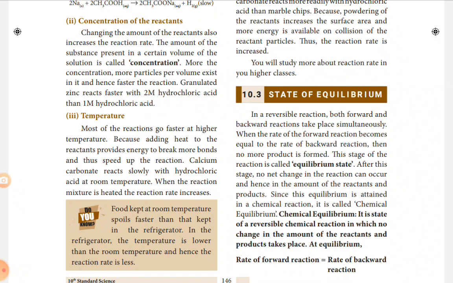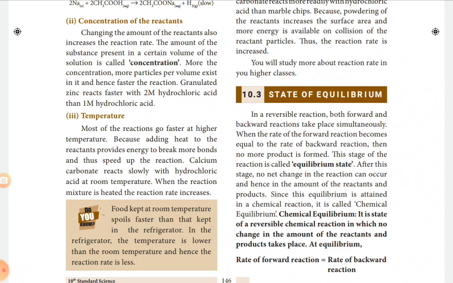More concentration means more particles in the given amount of solution. More concentration means more particles, more ions, in the given volume of solution. More ions means the rate of the reaction will automatically be faster. So here, granulated zinc reacts faster with 2m hydrochloric acid than 1m hydrochloric acid.